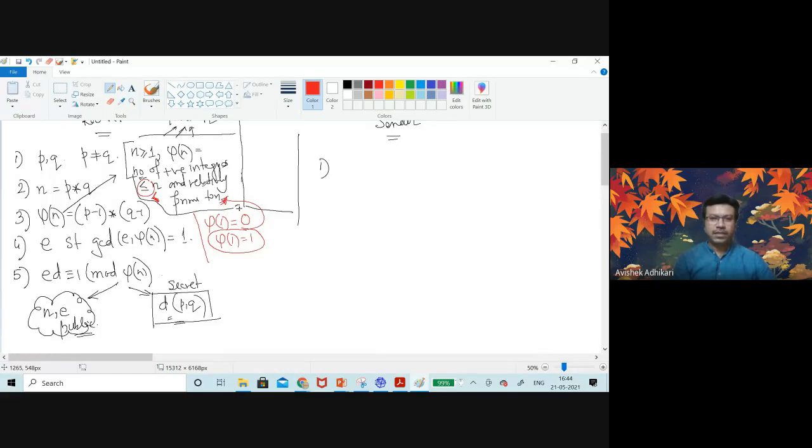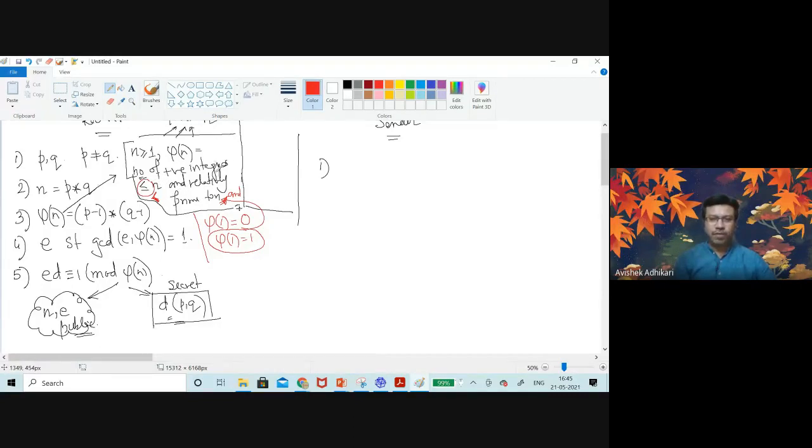Okay, sir, phi of 1 equal to 1. But to avoid this, I made it not strictly less than, but less than or equal to n. In that case, except for 1, if the n value is 1, then it's fine. Otherwise, if n is not 1, no number other than 1 is relatively prime to n.